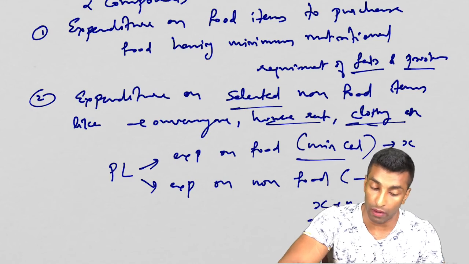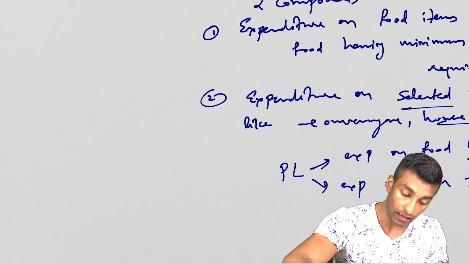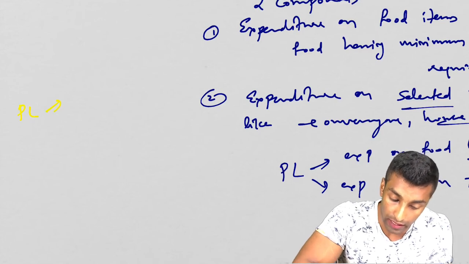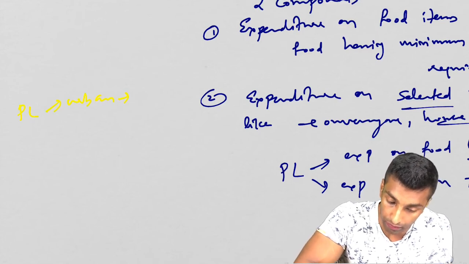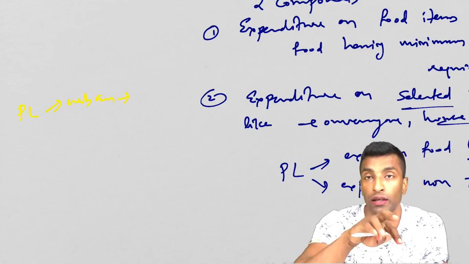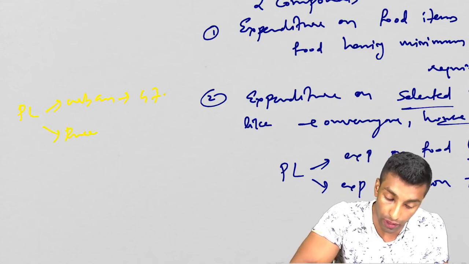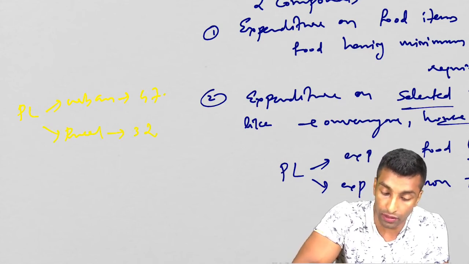X plus Y will be your poverty line, and here poverty line is given as, for urban, 47. Before you have seen 33 in case of Suresh Tendulkar, here it is 47, and for rural it is 32.